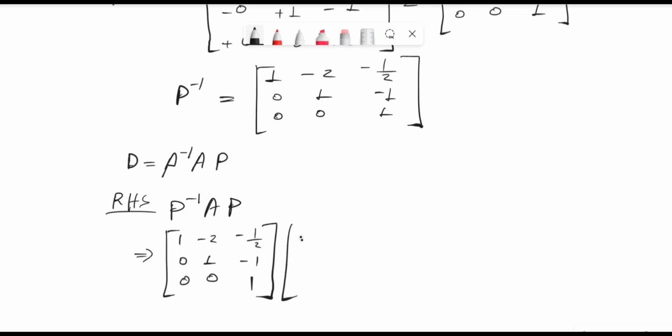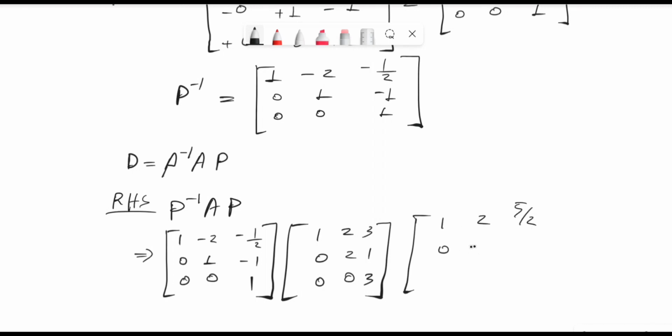And A is 1, 2, 3, 0, 2, 1, 0, 0, 3. And P is 1, 2, 5 by 2, 0, 1, 1, 0, 0, 1.